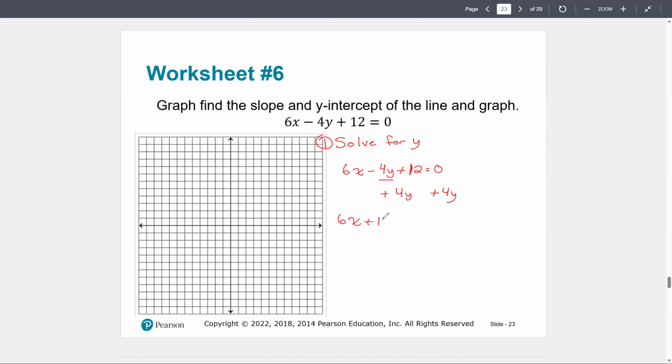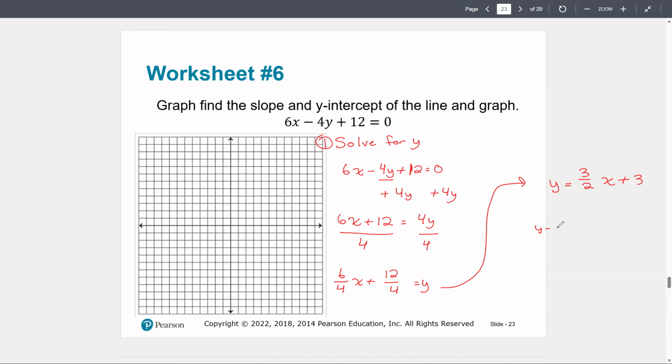So I have 6x plus 12 equals 4y. Then to get y by itself, divide everything by 4. So I'll have 6 over 4 x plus 12 over 4 equals y, or you could say y equals 3/2 x plus 3.